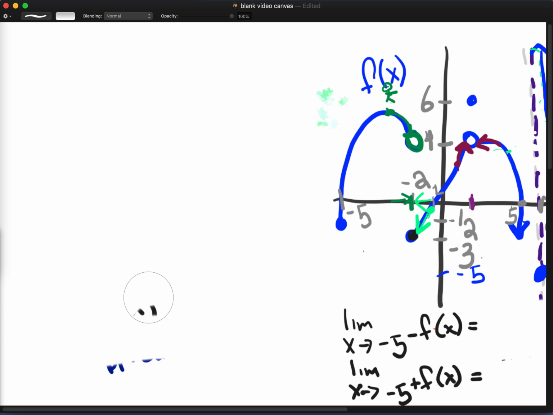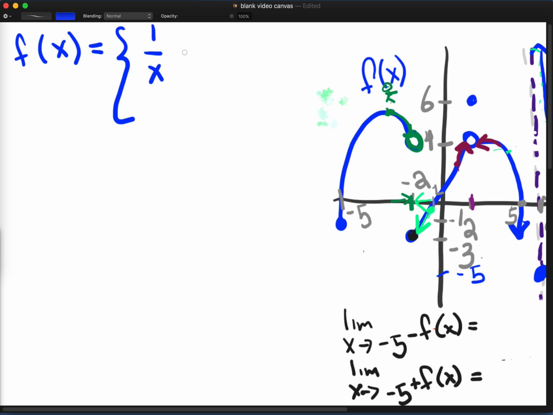I'm going to write down a function. Let's see, right here.